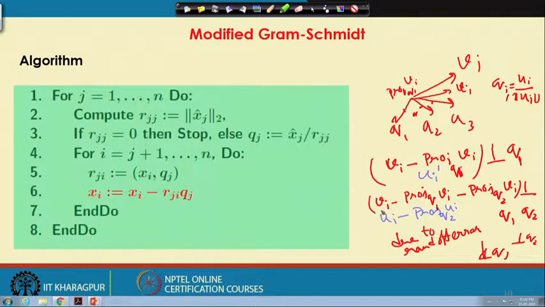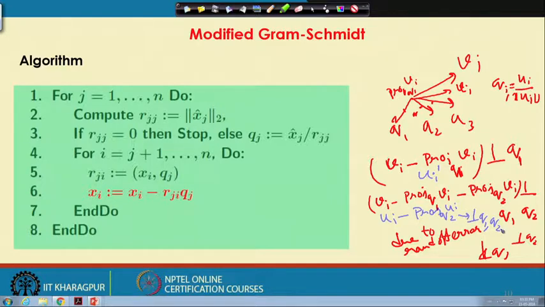However, we are not projecting the original v I again. We take u I, project u I on q 2 and subtract this from u I, so the round off error we make at this stage is again projected on q 2 and subtracted. So the round off errors in a sense get cancelled, and the vector always remains perpendicular to q 1 and q 2.